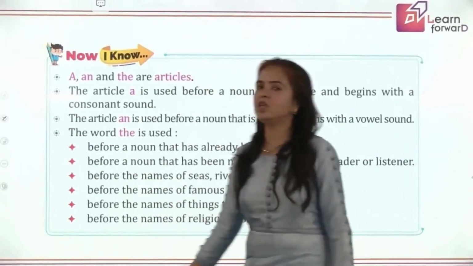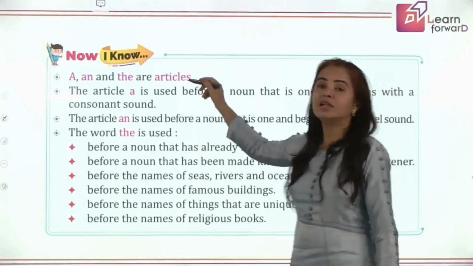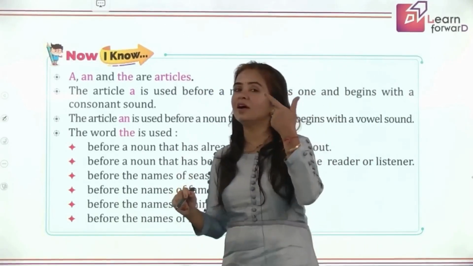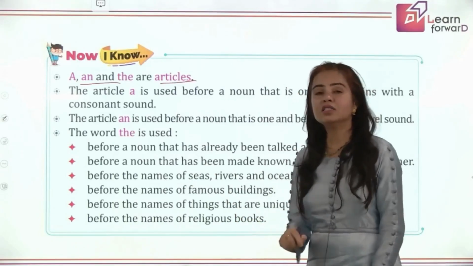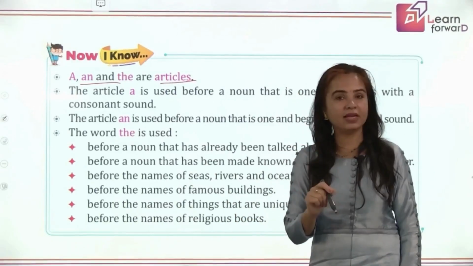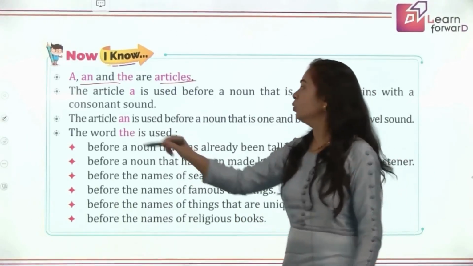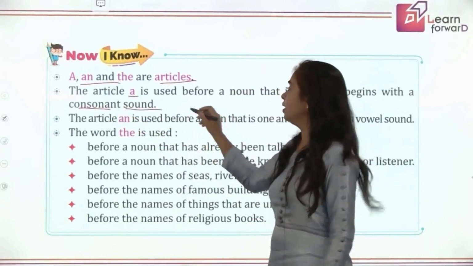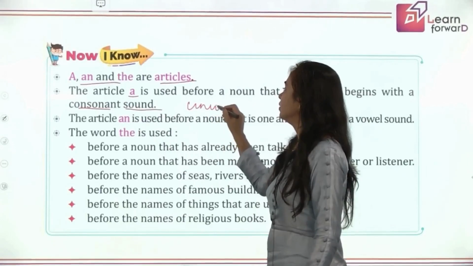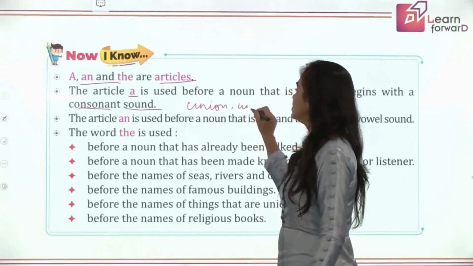Let's quickly recall what we have learned. The articles are three: a, an and the. "A" is used before a consonant sound for singular nouns. So sound is very important. If you remember, union and university.